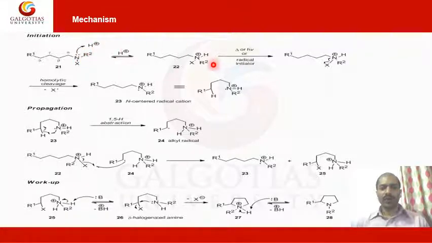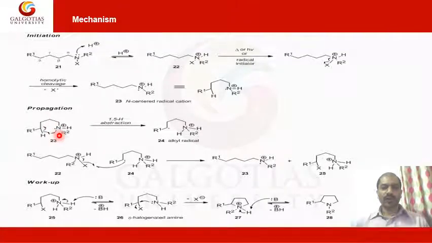It gets protonated, and thermally or photochemically it changes into another form. Homolytic cleavage gives you these radicals, and after rearrangement this makes the intermediate in the initiation step.